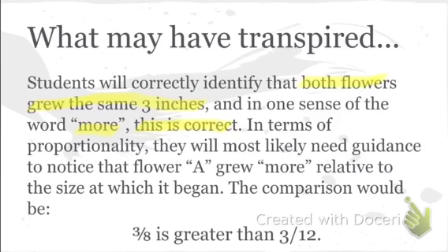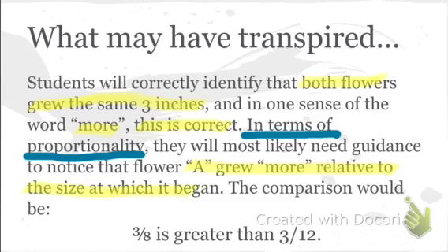In terms of proportionality, that's what I want to underline, they will most likely need guidance to notice that A grew more relative to the size at which it began. And that comparison would be 3/8 is greater than 3/12.